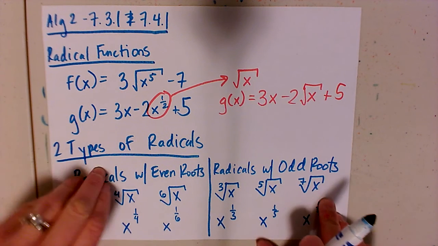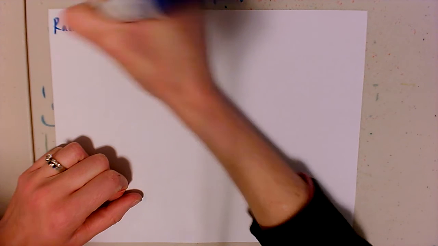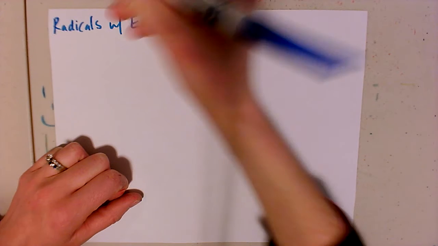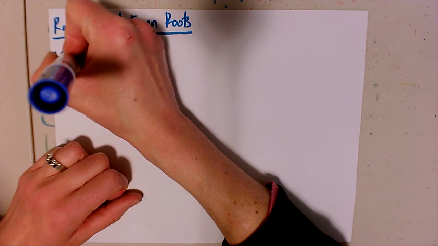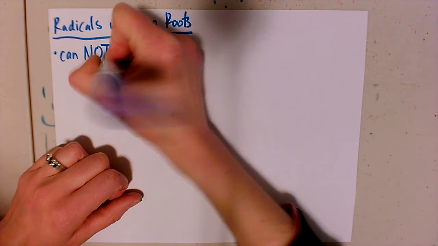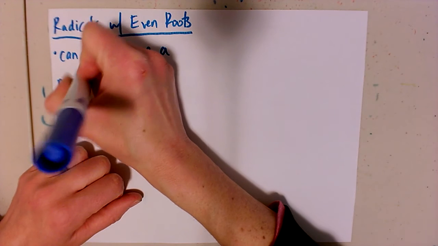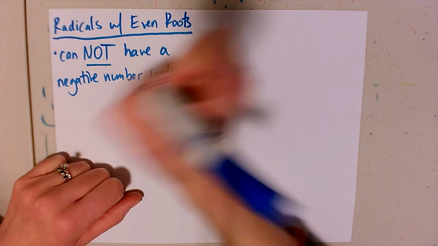Okay, so if we go over that, radicals with even roots, okay, so something that we can say about them, they cannot have a negative number under the radical.